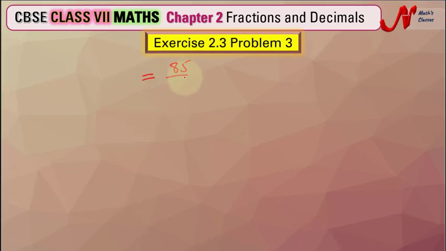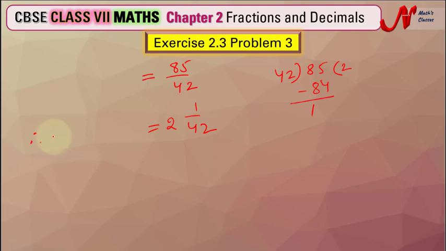Here 85 by 42 is an improper fraction. It can be written as a mixed fraction by dividing numerator 85 with the denominator 42. 42 2s are 84, by subtracting we get 1. Therefore 85 by 42 can be written as 2 1 by 42. Therefore 5 by 6 into 2 3 by 7 can be written as 2 1 by 42.